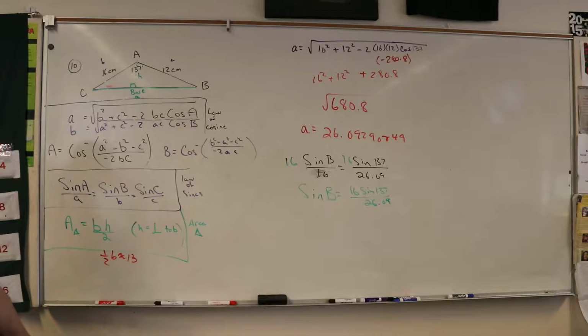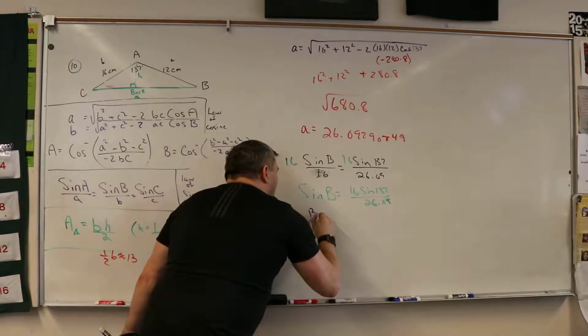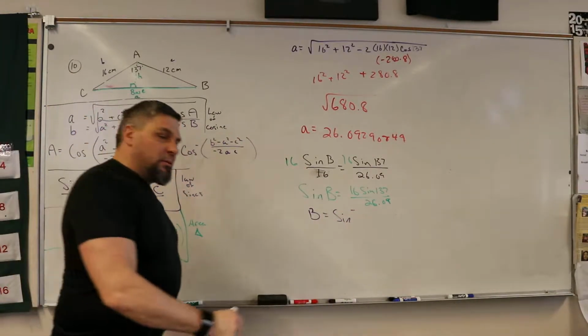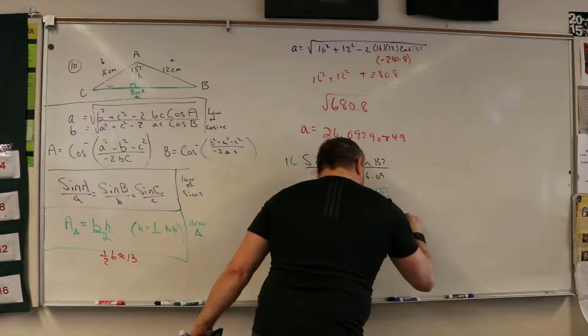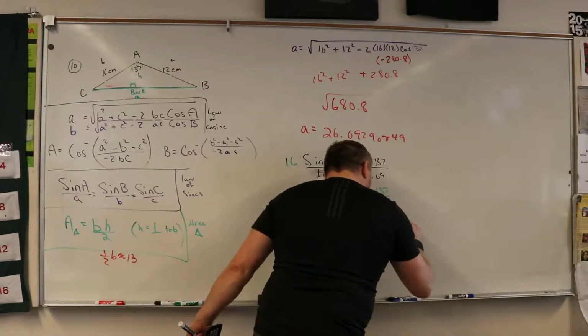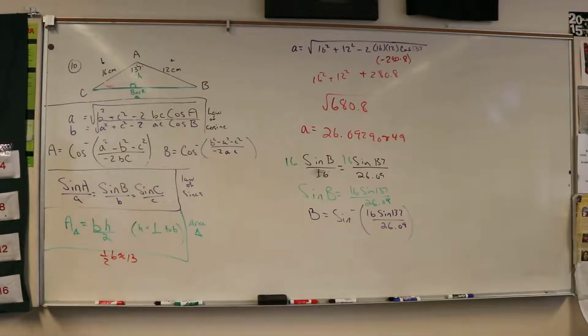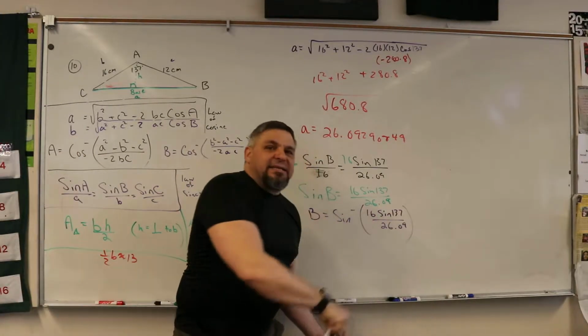But to find B, B is equal to the sine inverse of 16 sine 137 over 26.09. Okay? So I got to find all of this and then take the inverse sine of it.